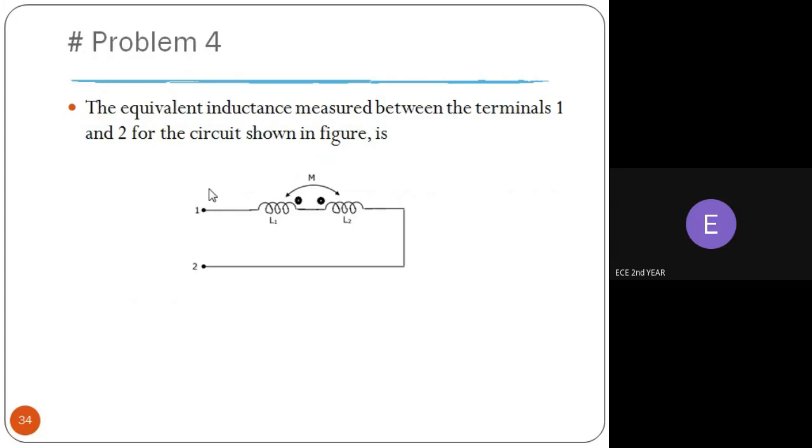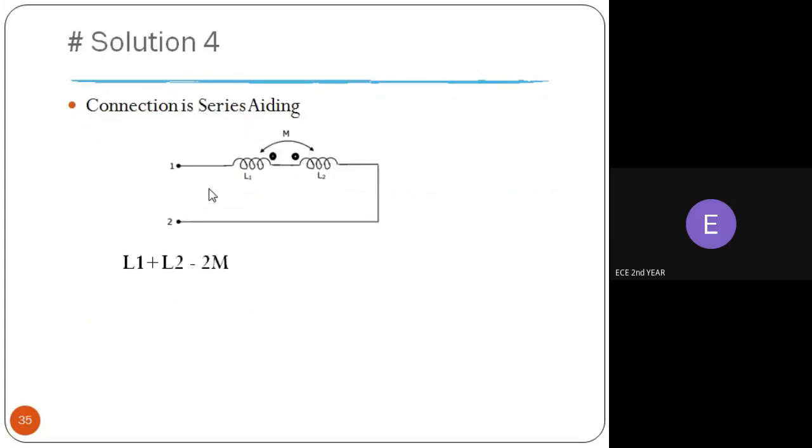The current flowing towards L1 leaves through the dot, and in L2 the current enters into the dot. So the mutual inductance between L1 and L2 is opposing. The combination is series opposing, and the formula is L1 plus L2 minus 2M.